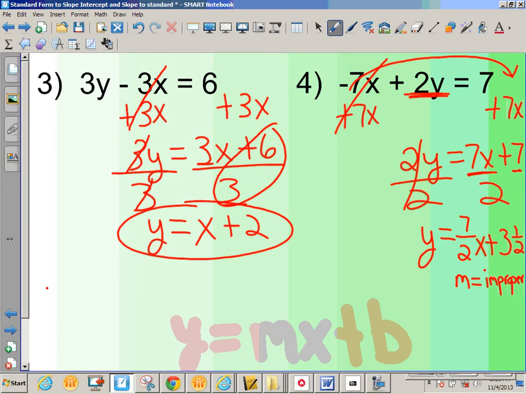So slope, leave it improper. However, if I'm graphing the y-intercept, then we're talking about either graphing 7/2 on the y-intercept or 3.5. So of course you'd rather find 3.5 than count up 7/2. So you should change that into a mixed number.